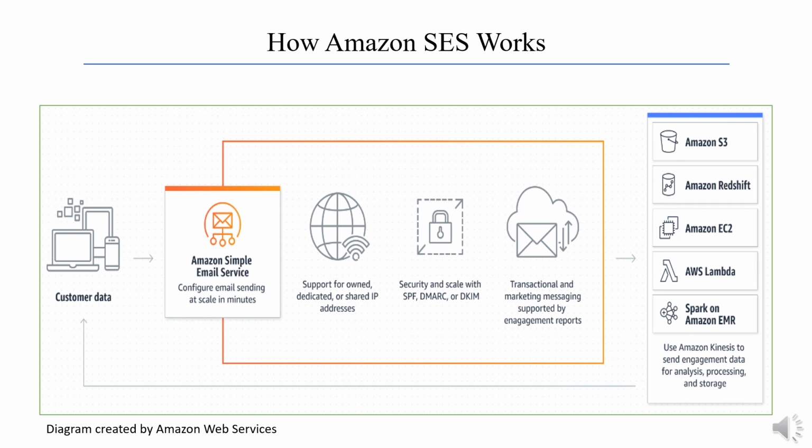The diagram is created by Amazon Web Services. It shows the key features of Amazon SES and integrations with other AWS services. We recommend you read the diagram and get a better understanding about how Amazon SES works in an application environment.